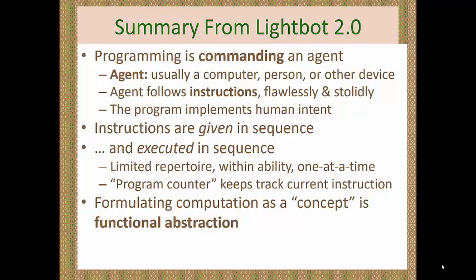Actually, a little bit later, we're going to see that you have a few control structures that allow it to change up that sequence, but they're executed in sequence now. There's a limited number of instructions. There's a program counter, and the program counter in the CPU keeps track of the current instruction that is being executed. And finally, what is functional abstraction? Formulating computation as a concept.